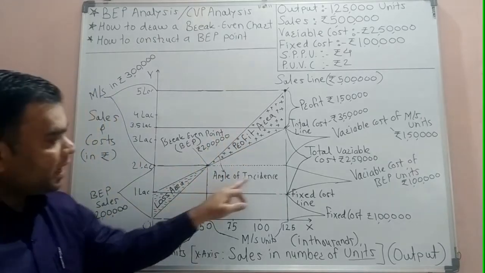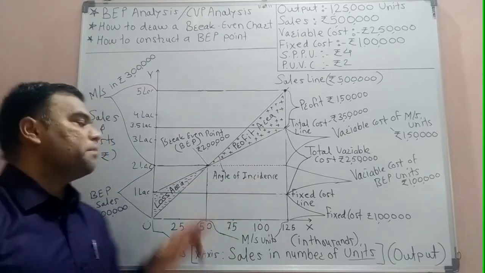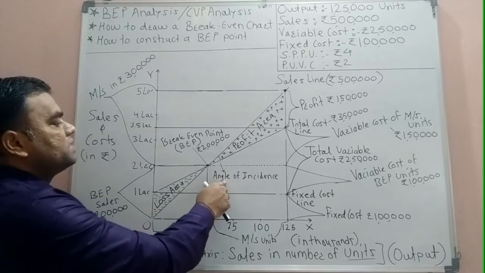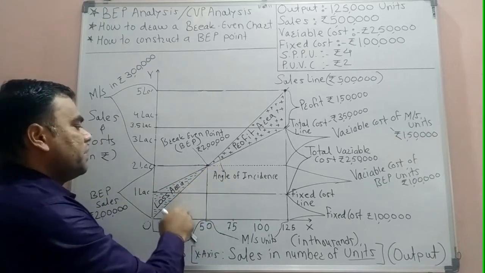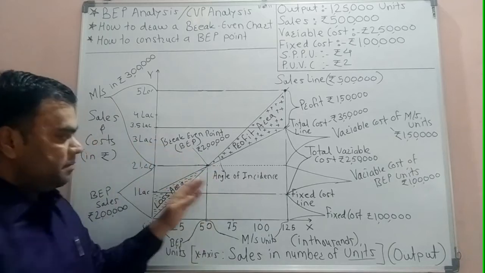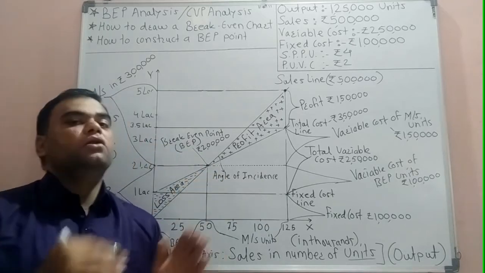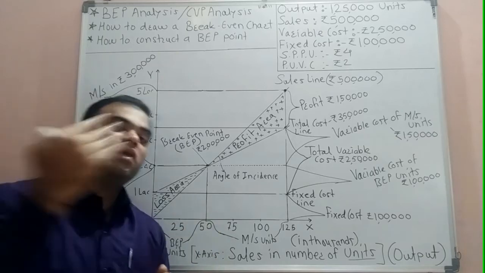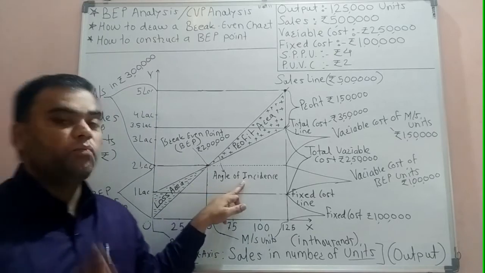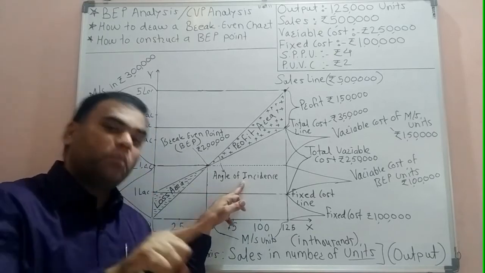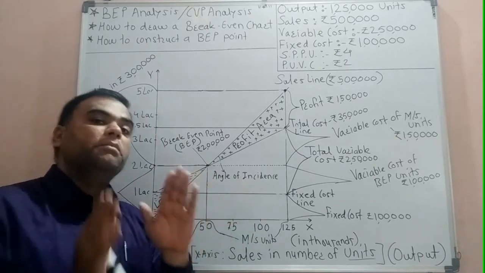And the same angle of incidence has an opposite relation with BEP. If your angle of incidence is small, then your BEP will be high. Greater is the angle of incidence, lower is the BEP. Lower is the angle of incidence, greater will be the BEP. Means angle of incidence has a positive relationship with profit, but a negative or opposite relationship with BEP.